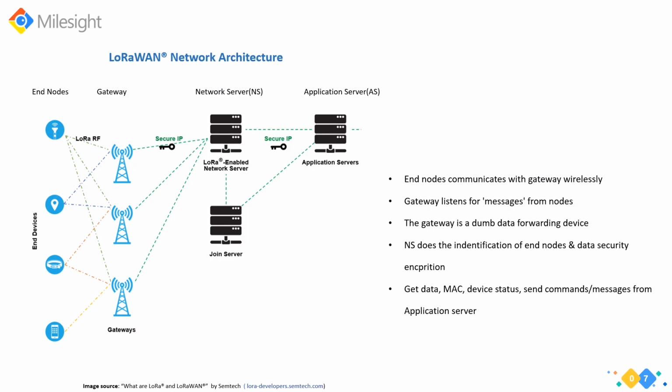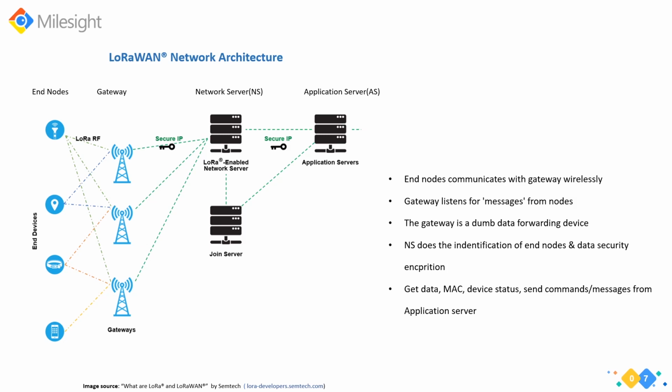And what does a LoRaWAN network architecture typically look like? So this is a diagram. In this picture, on the left side, you can see the end nodes, end devices. They are connected to gateways. Actually, there's not really a connection between the end node and the gateway, because the gateway is basically listening for the messages from end nodes.